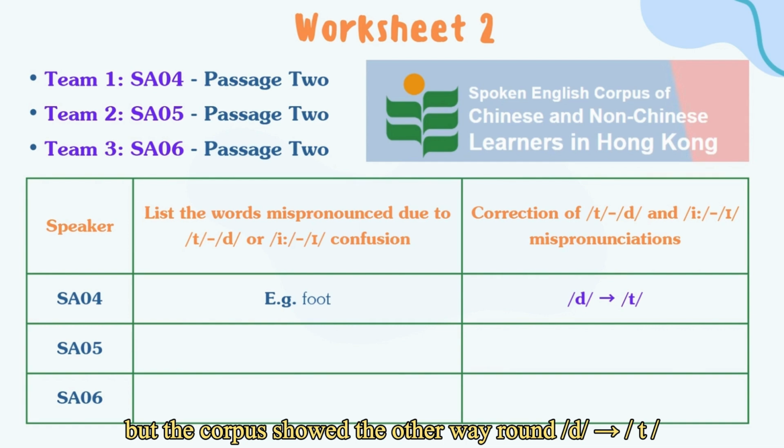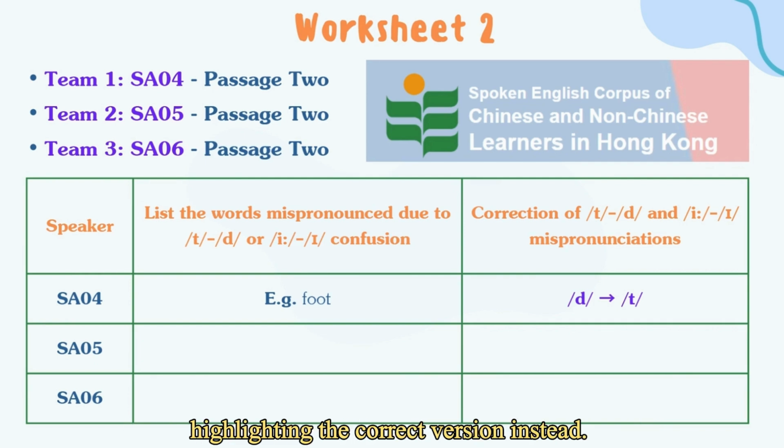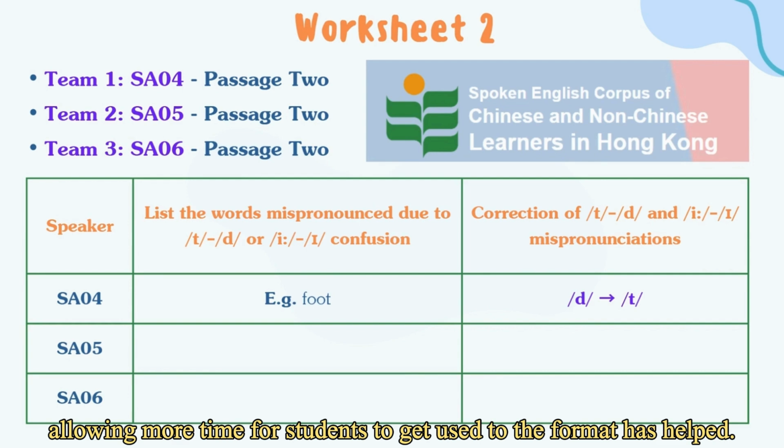D becomes t, highlighting the correct version instead. While we haven't solved this entirely, allowing more time for students to get used to the format has helped.